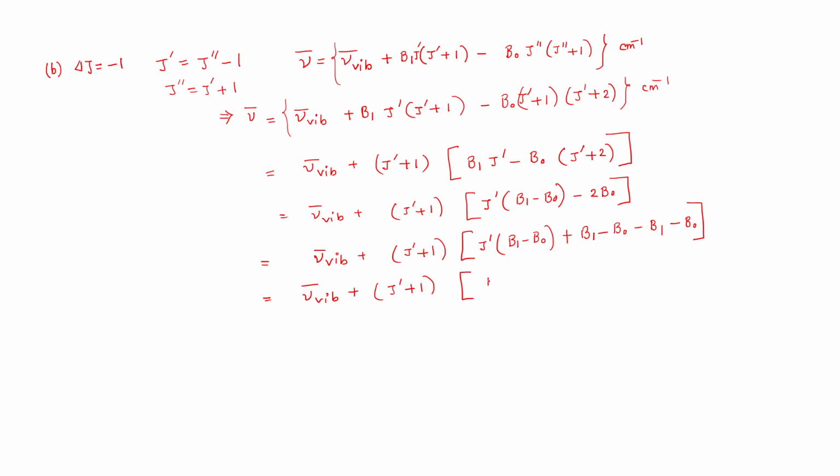So this is C, B1 minus B0 multiplied by 1, suppose. We take B1 minus B0 common, and here will be J prime plus 1, and if I take minus here, then it would be B1 plus B0, right? So again, let me erase this part.